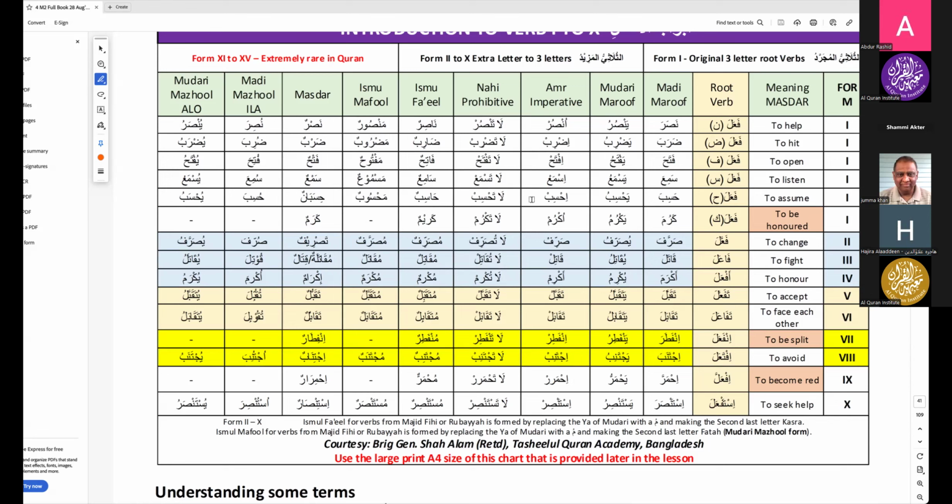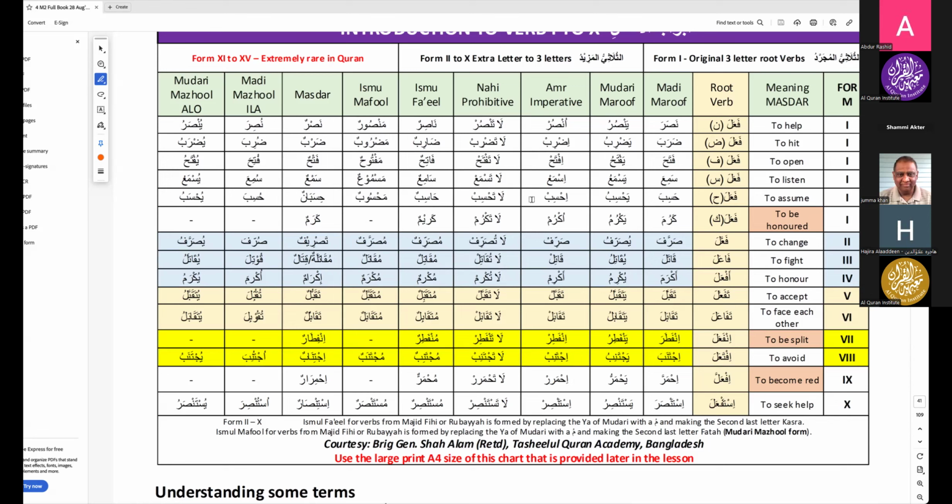Because it has a passive meaning, look at this: ismul maf'ul. You cannot have a passive form of a word which already has a built-in passive meaning. Think about it.